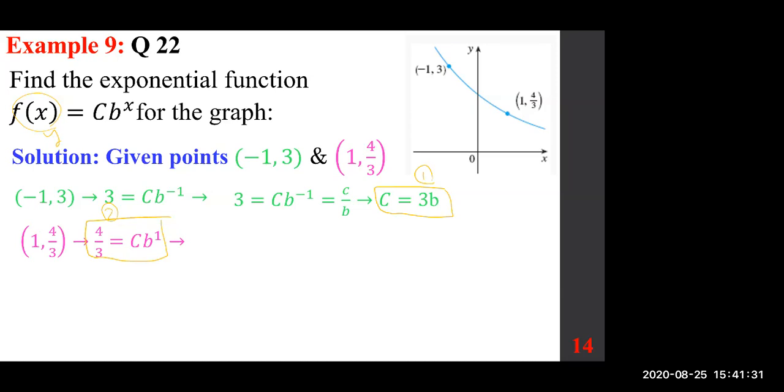And I hope you see the easy way to solve this is by substitution. So you know c is 3b. So replace the c with 3b. So you get 4/3 is 3b times b, which is 4/3 equal to 3b squared, right?